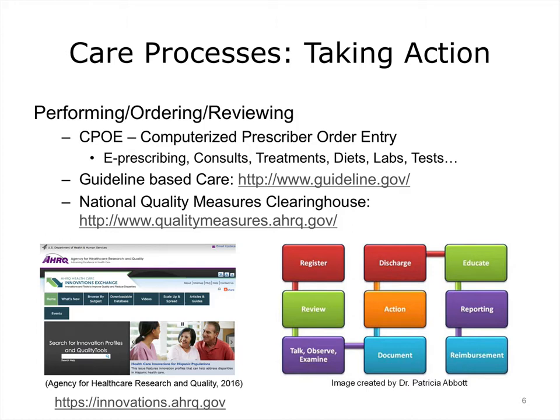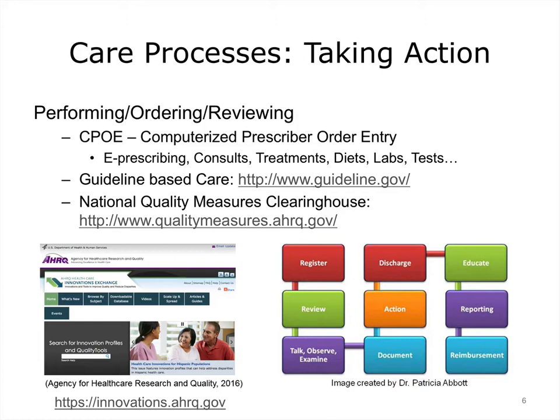Guideline-based care is the use of clinical practice guidelines to assist patient and practitioners with decisions about appropriate health care for specific circumstances. The URL that you see on this slide will take you to the National Guideline Clearinghouse of the Agency for Healthcare Research and Quality, or AHRQ. Its sister site is the National Quality Measures Clearinghouse.